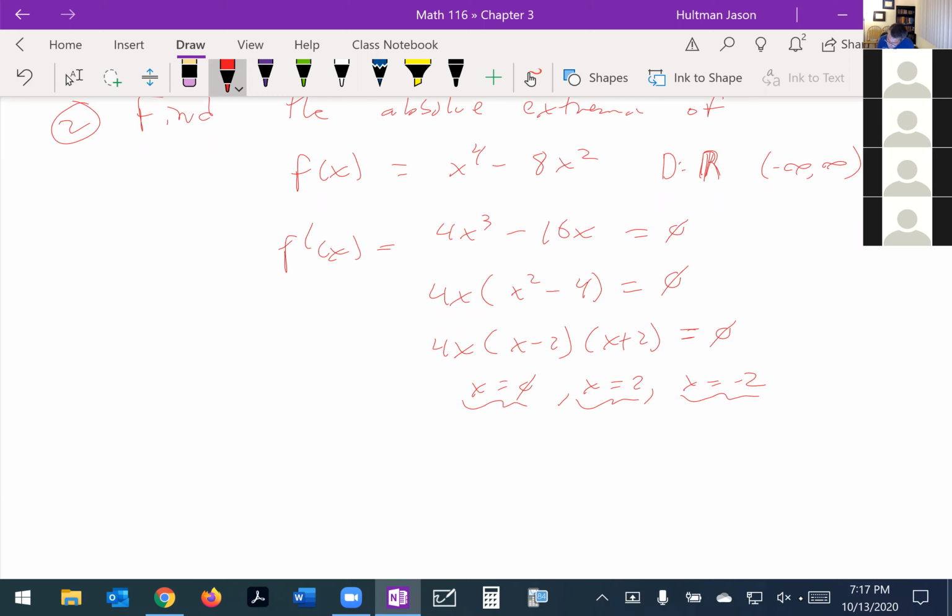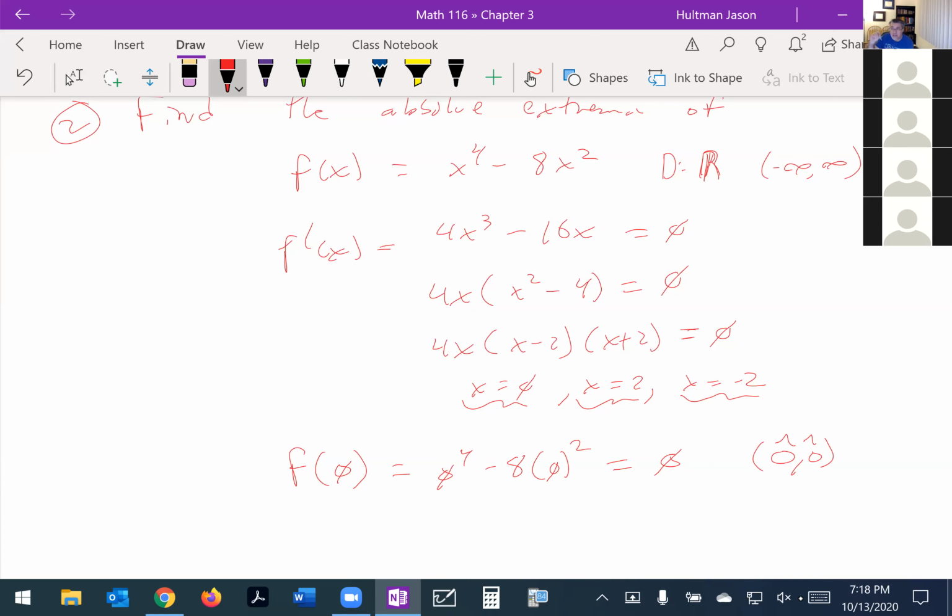So what do we want to do? We want to plug these values into our original function. f of 0 is equal to 0 to the 4th minus 8 times 0 squared, which is 0. So that's (0, 0). We don't know if this is a relative min or a relative max. We really don't care.